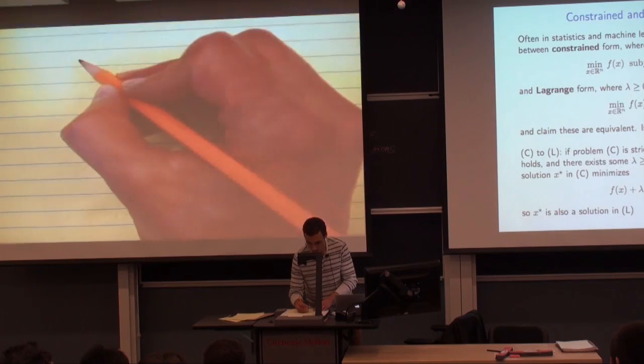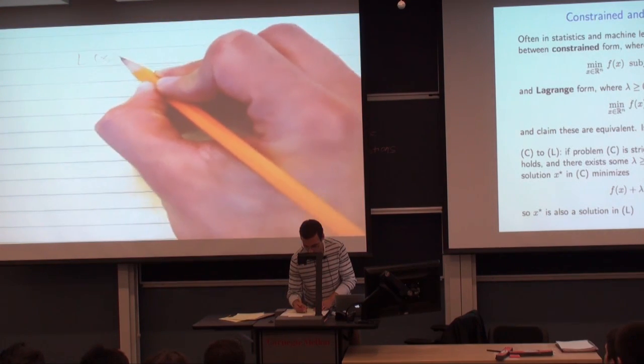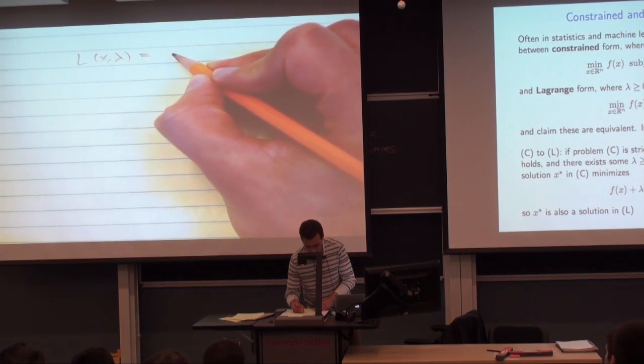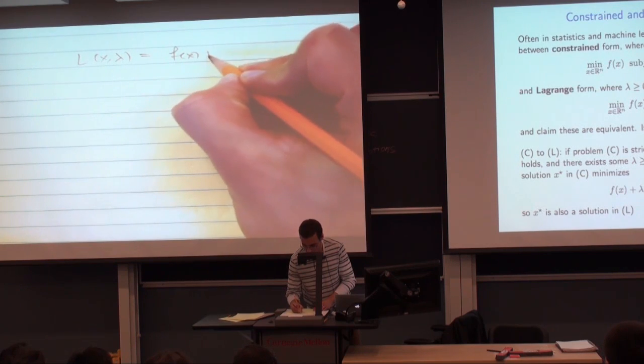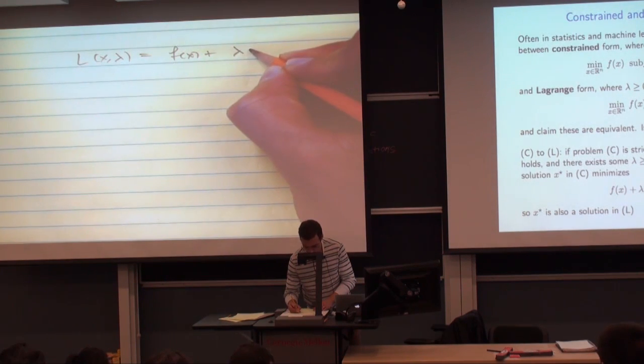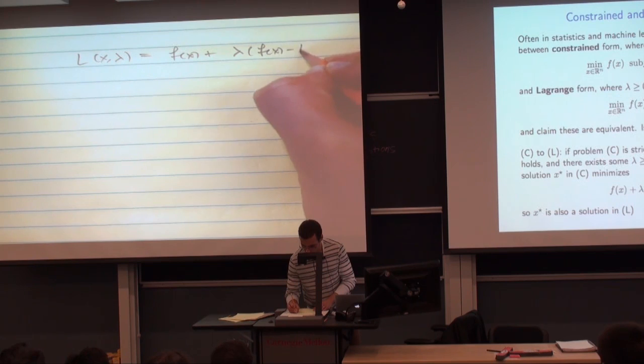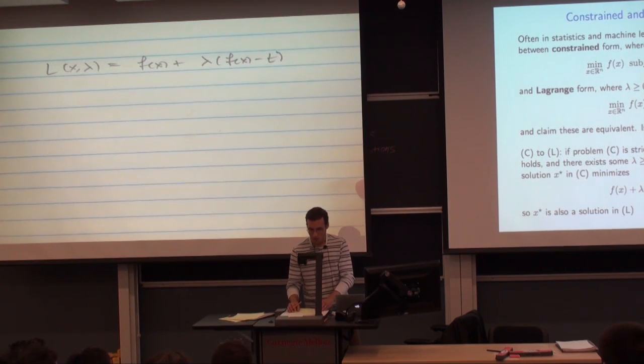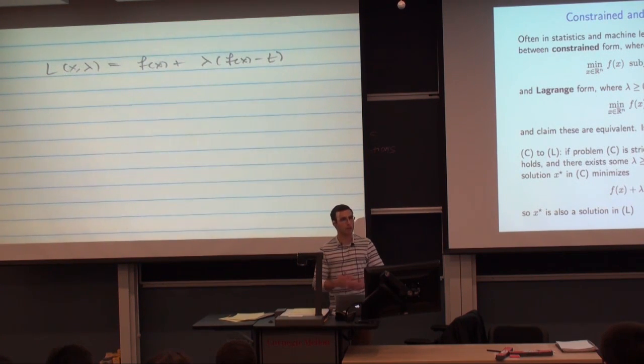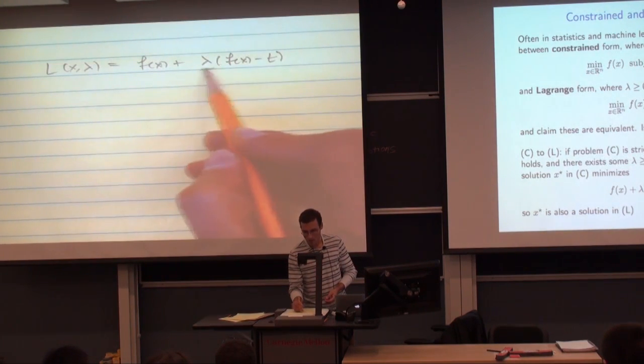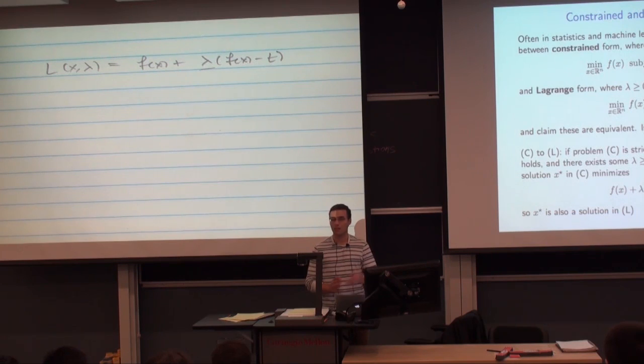Okay, so the Lagrangian here is f of x plus lambda times h of x minus t. And we know that, for example, under strong duality, or we can also just cite the stationarity condition of the KKT conditions, that if lambda is dual optimal, then x, our primal optimal solution, is going to minimize this.